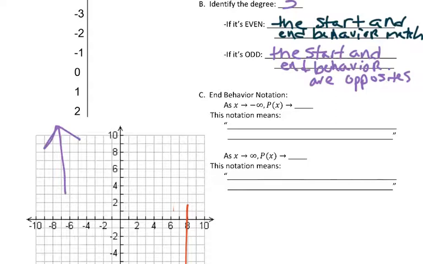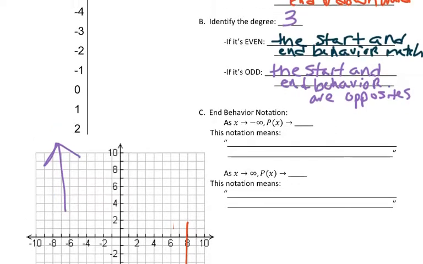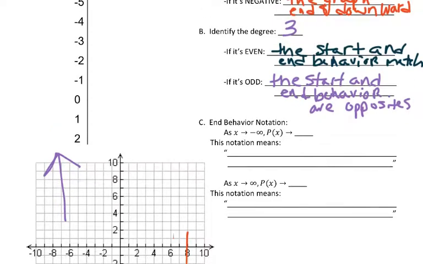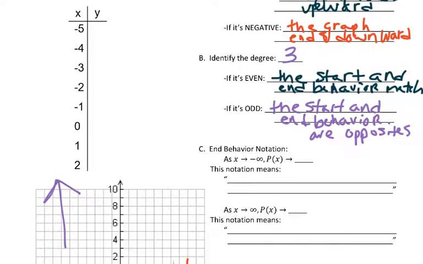Alright. So then we get to kind of put this into a new notation. So we're not going to talk about ends and beginnings and all of that stuff, because the way that we note what is happening at the end versus what is happening at the start, or what we call the left or the right, is this notation here.